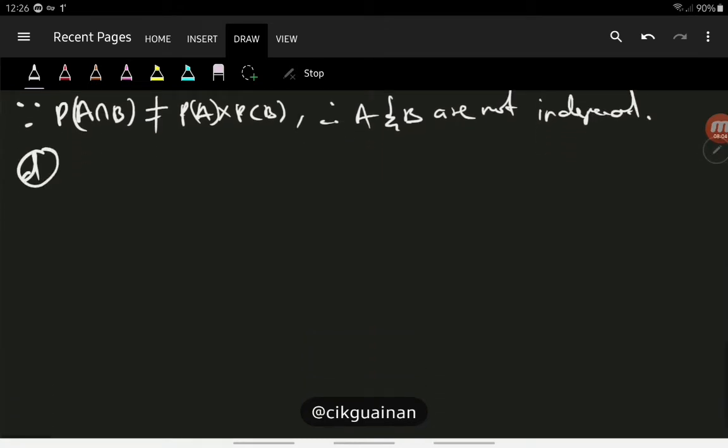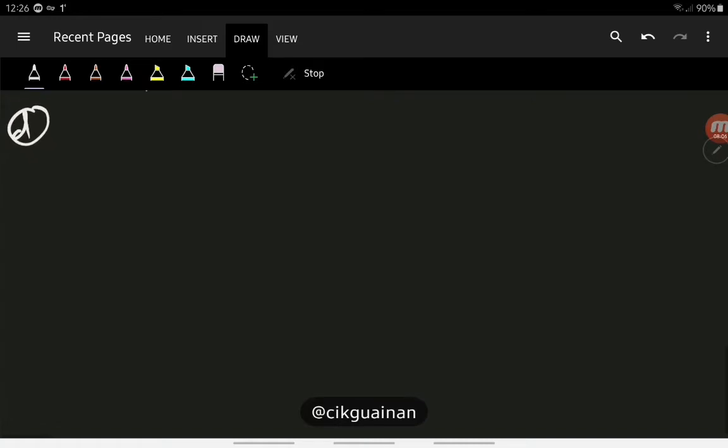The fourth one is asking about the independence between A and C. So one more time, we copy paste the A and C. Okay, I think I need to rub this off first. This is from the previous question.